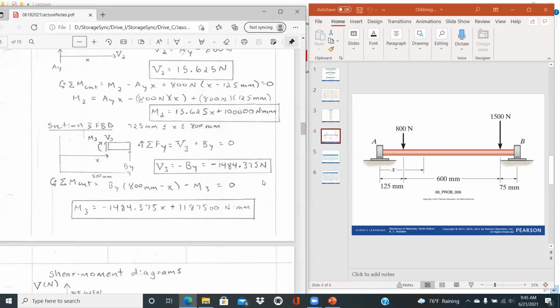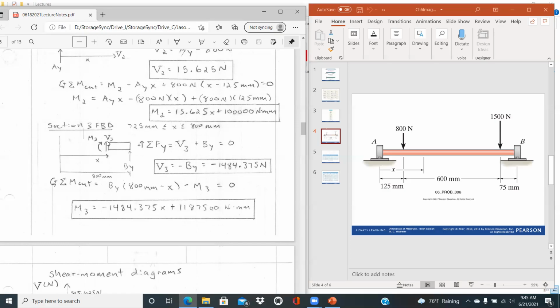And then finally, section 3, same thing. On occasion, it is easier, instead of drawing everything from the left-hand side, just to draw the right-hand side of the cut. And so this is a nice little trick that is often beneficial. So I've drawn the right-hand side of the figure where we have BY as the reaction.